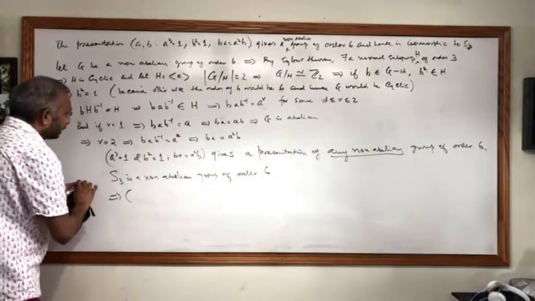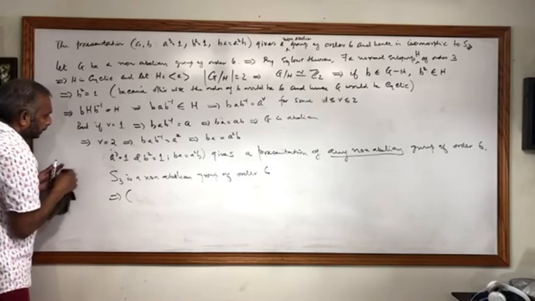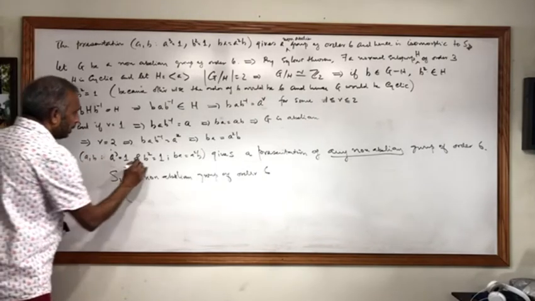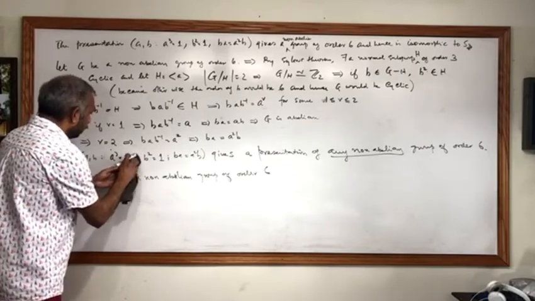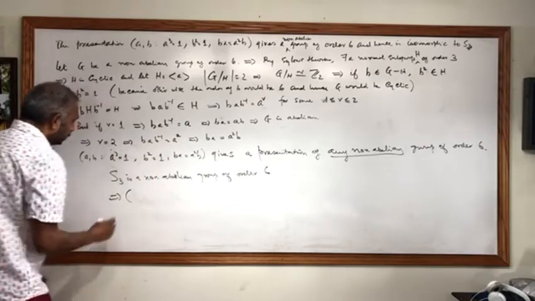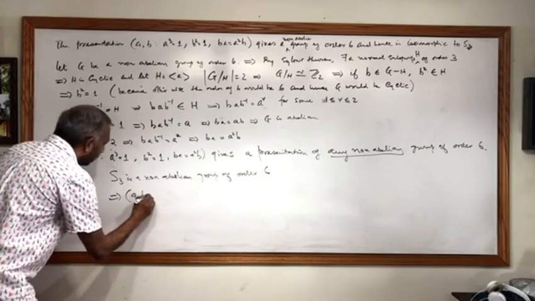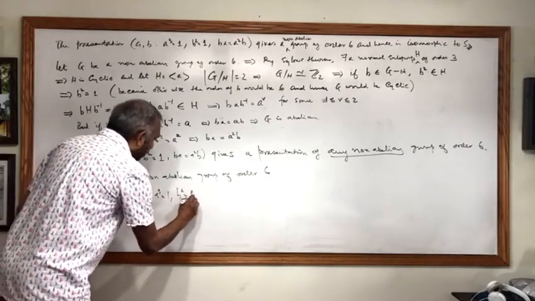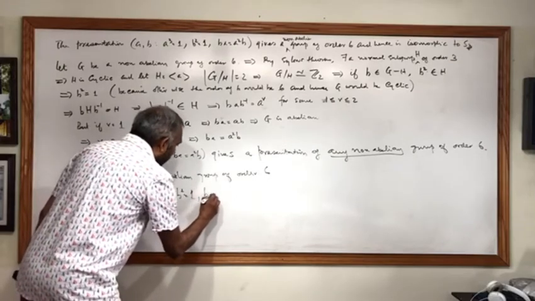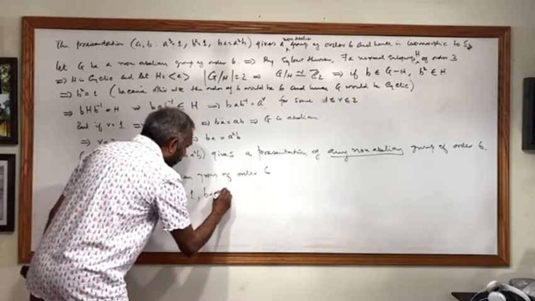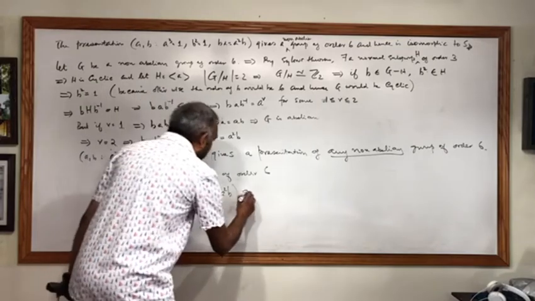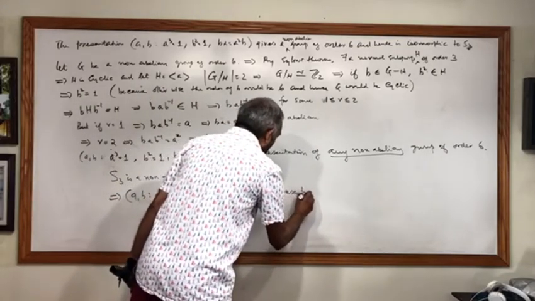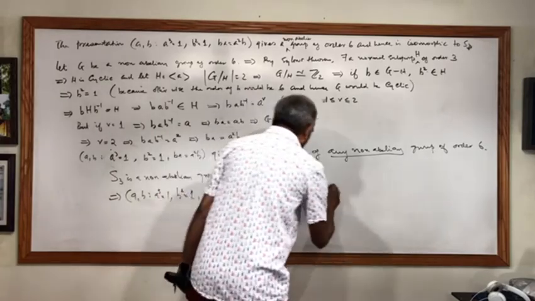This should be written as actually A comma B colon, and this is comma. That is how it should be written. So A comma B colon A cube is equal to 1, B square is equal to 1, BA is equal to A square B gives a presentation for S3.